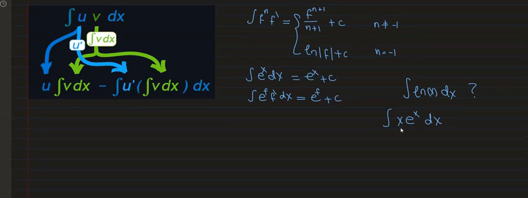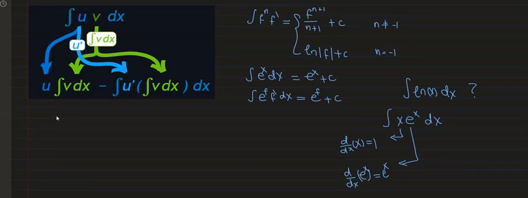The derivative of x is 1, as we know, and the derivative of e to the power of x is e to the power of x, the same function. So neither of the two terms is the derivative of the other, right? So how can we do this?